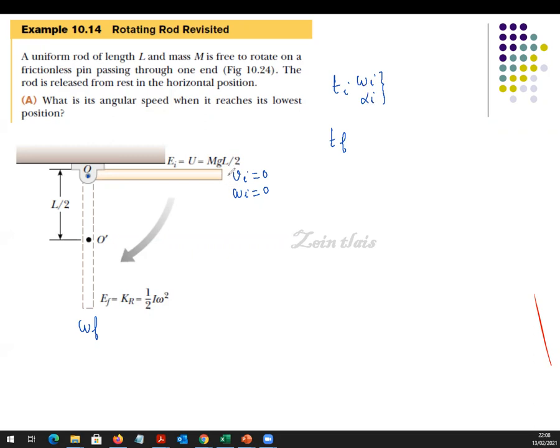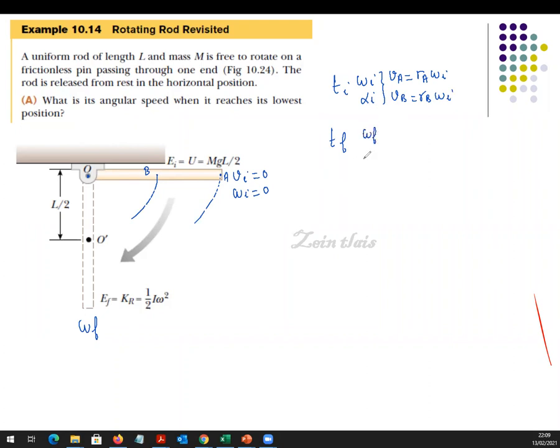For example, if I take a point A or a point B, we can say VA equals RA omega initial and VB equals RB omega initial. As you see, when we have a rotation, B will move like this and A will move like this. Okay, this is about the initial position.